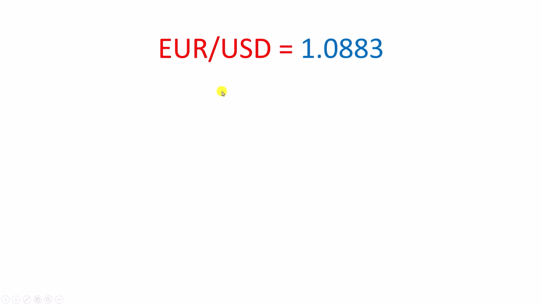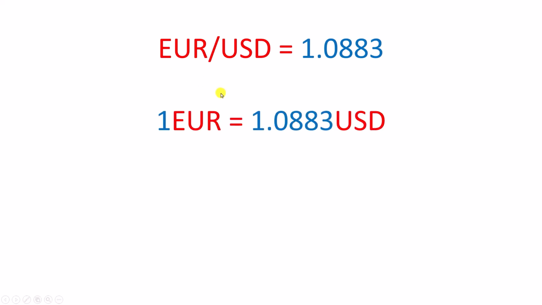or in simple words, we need $1.0883 to buy 1 euro. Or in other words, 1 euro can get you 1.0883 American dollars.